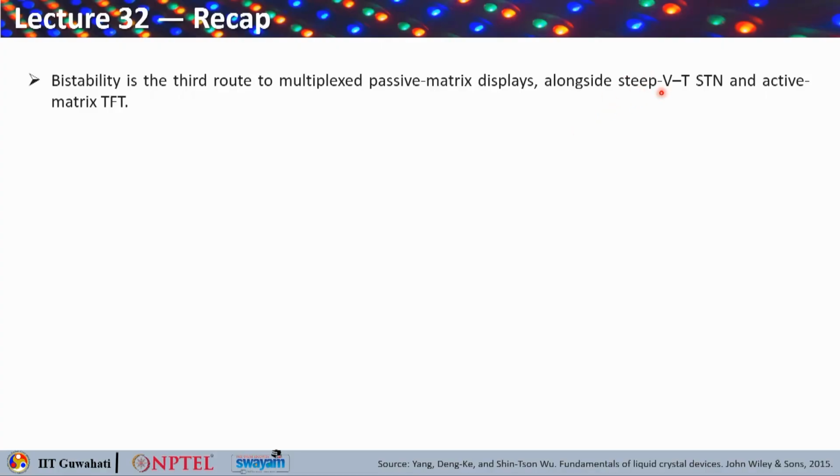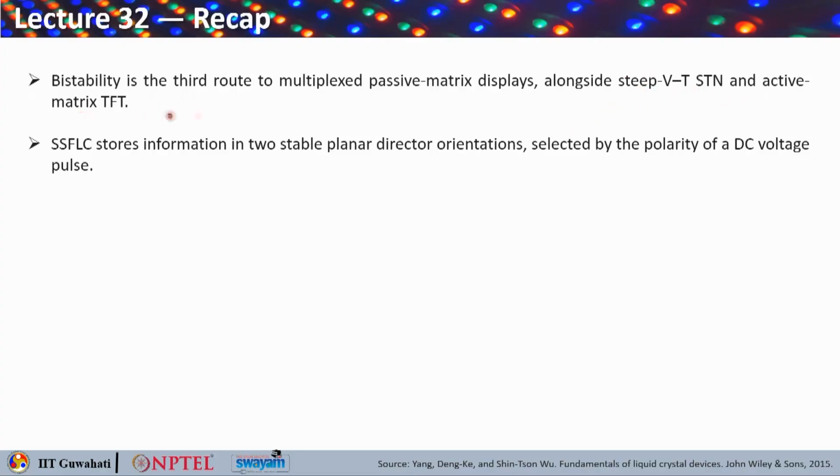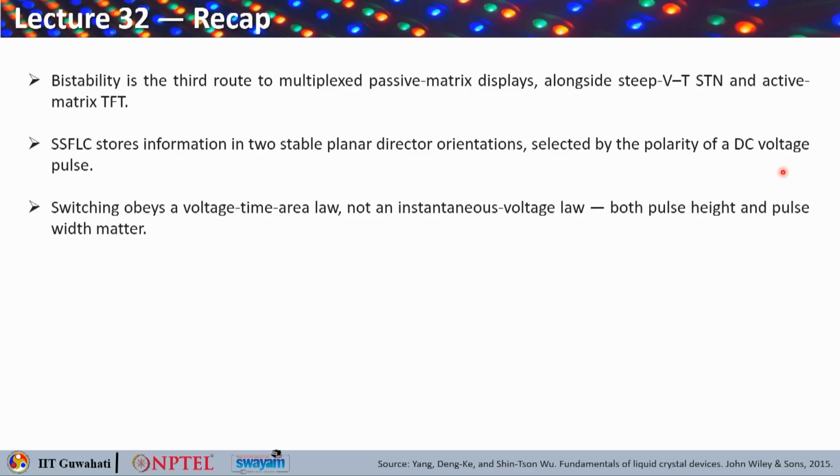To summarize, in this lecture we have seen that bistability is the third route to multiplex passive matrix displays, alongside the steep VT STN and the active matrix TFTs. We have also seen that SSFLCs store information in two stable planar director orientations, which are selected by the polarity of the DC pulse. The switching obeys a voltage time area law.